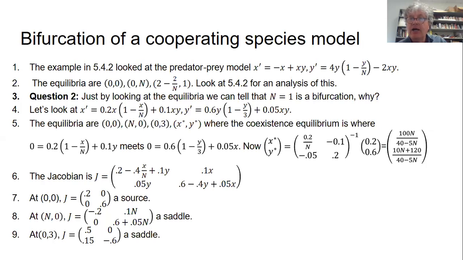So instead of looking at that model in detail, looking at another one. This is a cooperating species model. Here we've got two species. There's a logistic equation for both of them, but now somehow they cooperate. And so there's a plus some positive term times x times y.